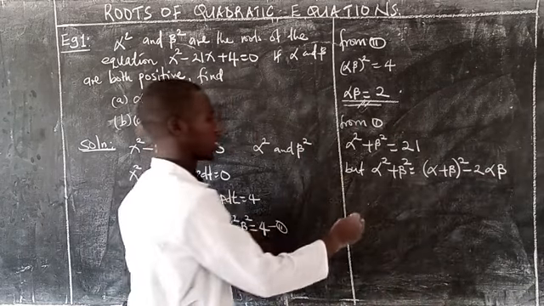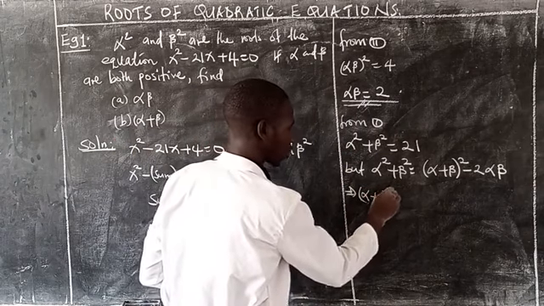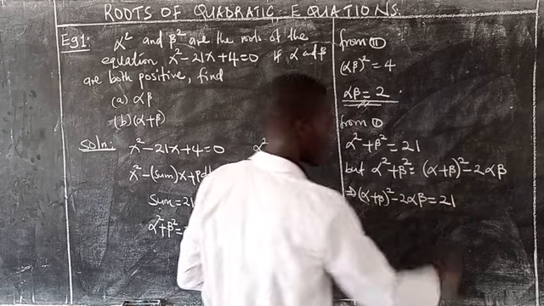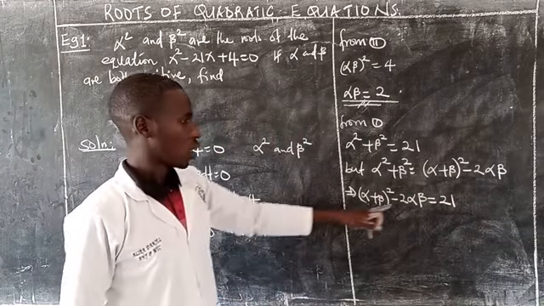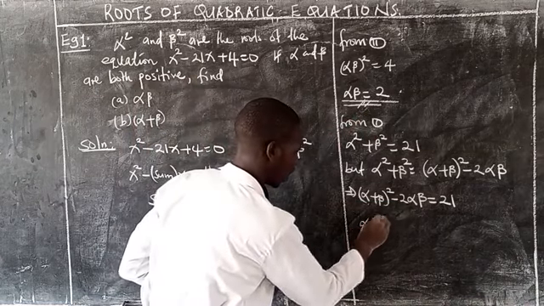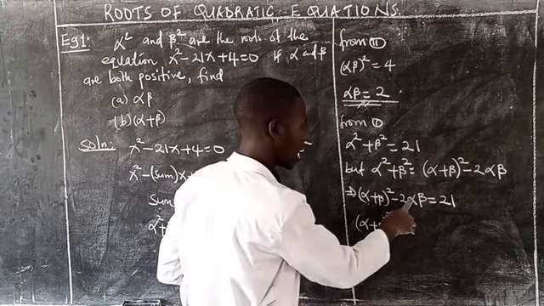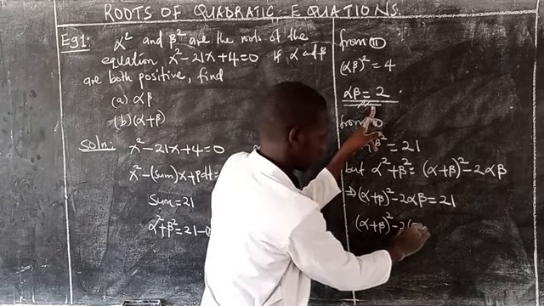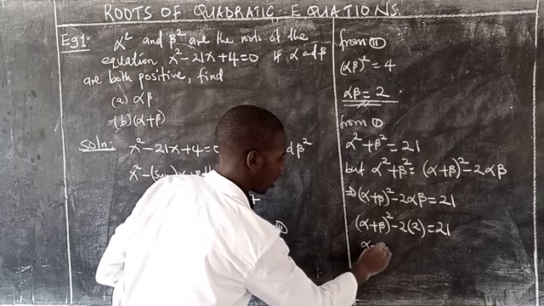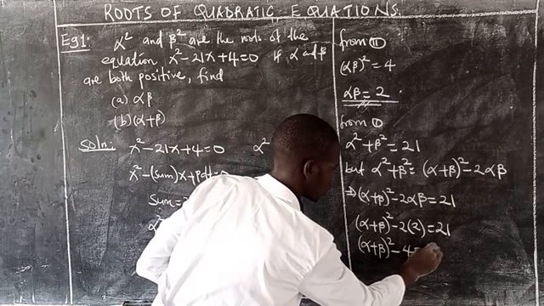So if that's the case, then it implies that alpha plus beta squared minus 2 alpha beta equals 21. Alpha beta, we already have it as 2. So that means we shall have alpha plus beta squared minus 2 into alpha beta, which is 2, should be equal to 21. So alpha plus beta squared minus 4 should be equal to 21.